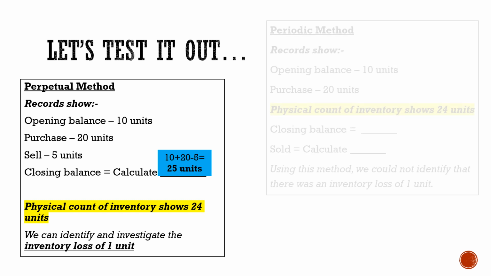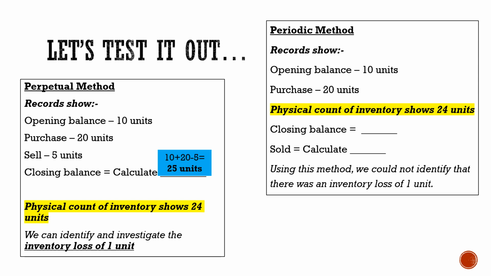On the other hand, with the periodic method, we do not use an inventory card to track the movements of inventory. All we have is what we've recorded in the accounts. So here in our accounts, we can see that we had an opening balance of 10 units and a purchase of 20 units.